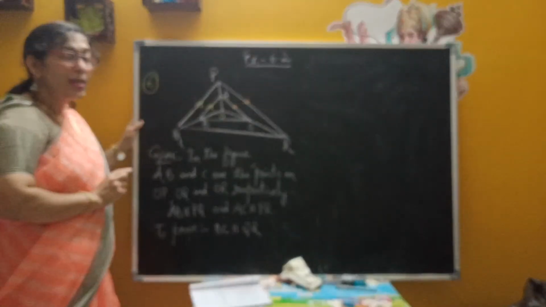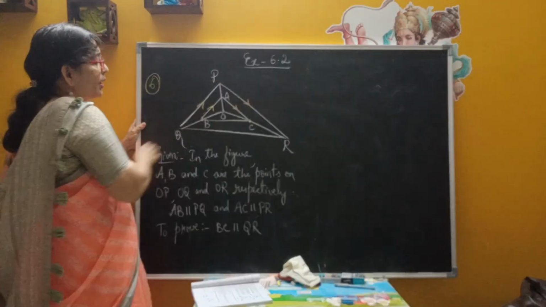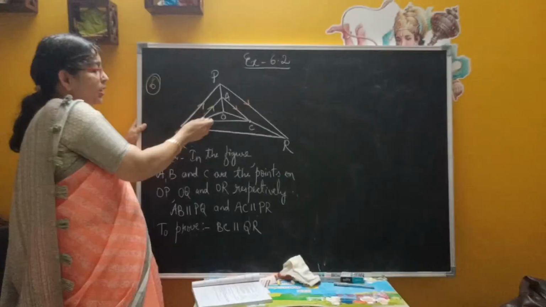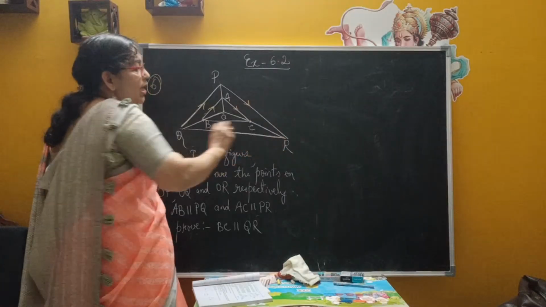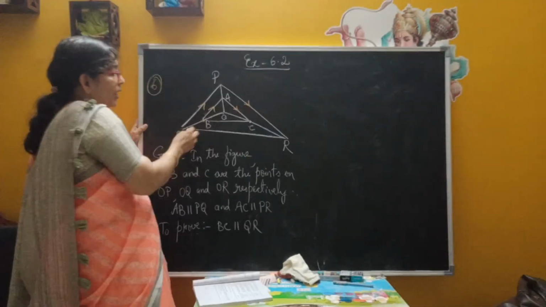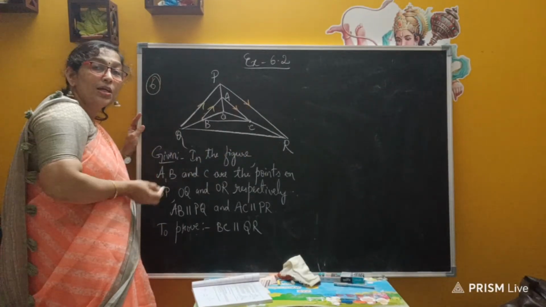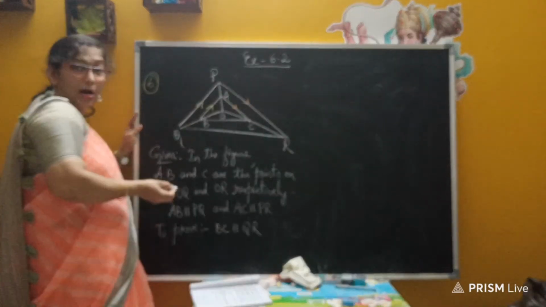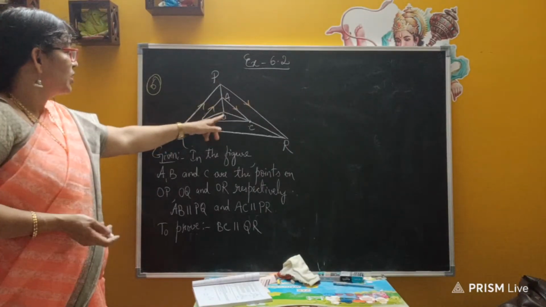OA by AP is common, so they get cancelled, and we write OB by BQ is equal to OC by CR. Then ratios of the sides of triangle OQR are equal, so BC is parallel to QR. Very simple.